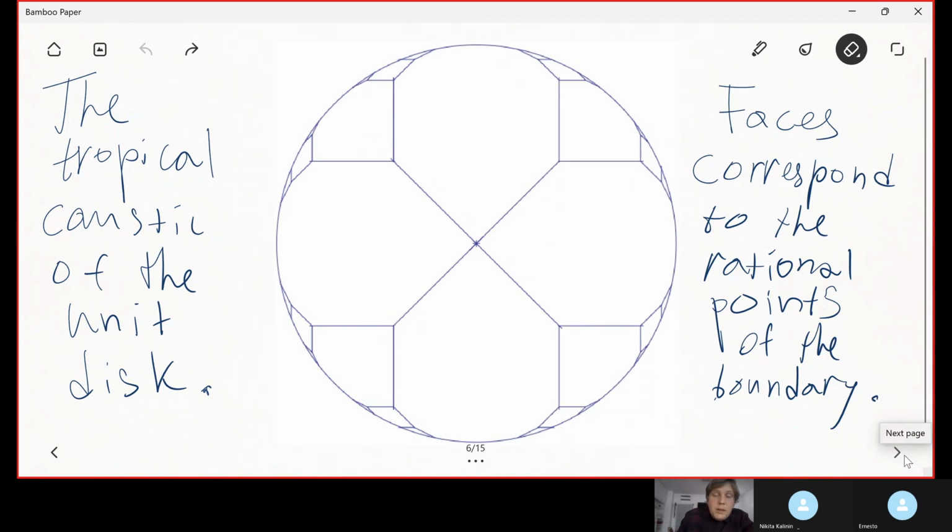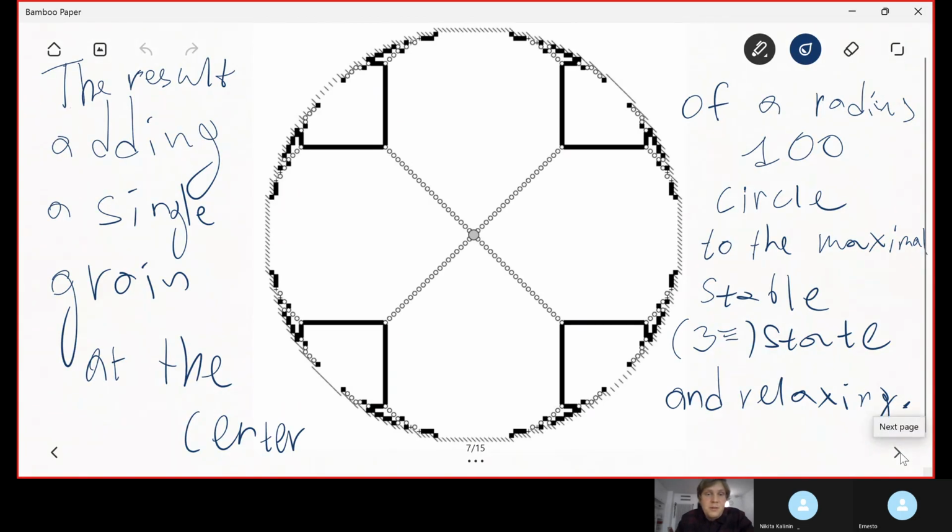Okay, and how did we learn about this curve? The truth is we were looking at sand piles, particularly sand piles on the disk, and this is the result of adding a single grain in the middle of the radius 100 circle filled with all threes. And you see it's very similar, right?